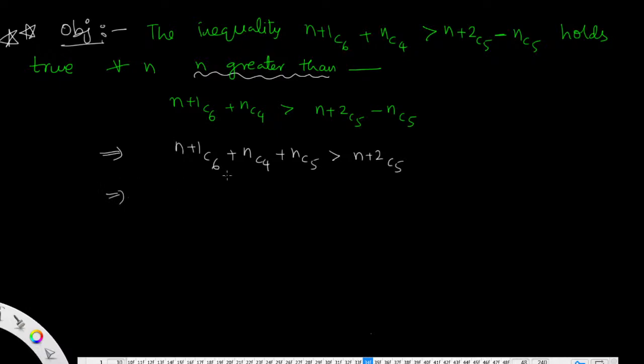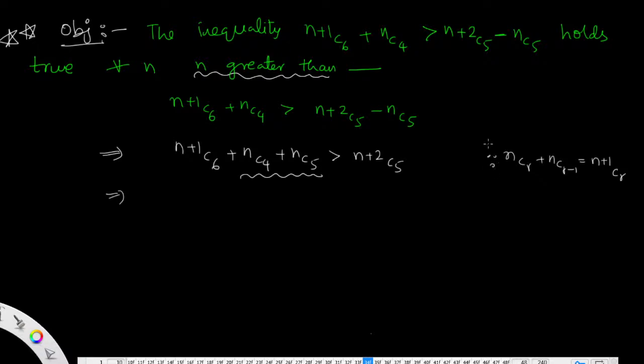Now this value is in the form of the formula we have just learned: nCr plus nCr minus 1 equals n plus 1Cr.